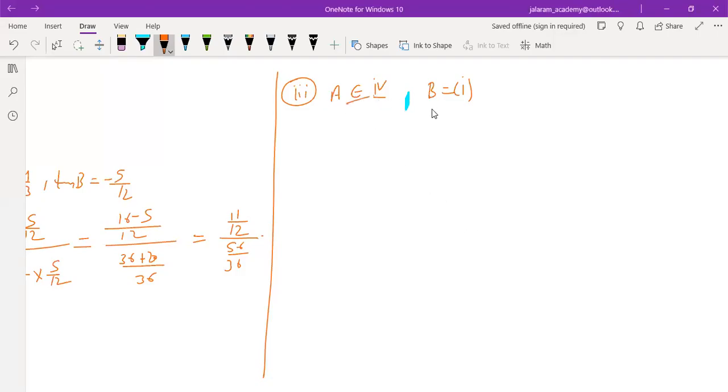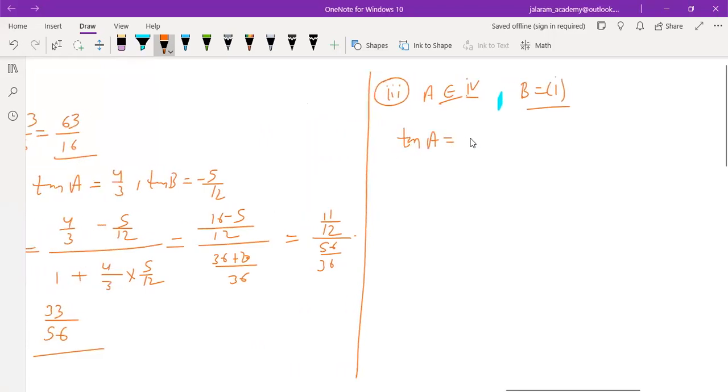So when A lies in the fourth quadrant and B lies in the first quadrant, then tan A will be negative, as tan A is negative in the fourth quadrant. So it will be minus 4 by 3. We can find it from this also, as we know that in the first quadrant tan A is positive, but in the fourth quadrant tan A is negative. So we can directly write minus 4 by 3. And again, tan B is in the first quadrant, so it will be positive.